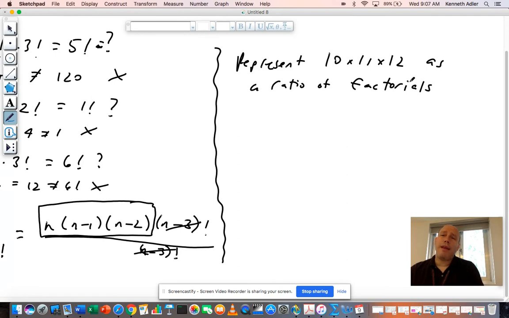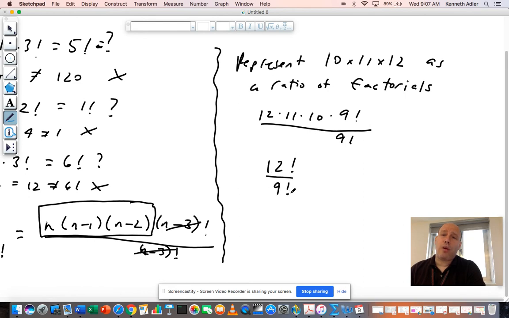And I like this because we can turn this into a probability problem, a combination problem. So 10 times 11 times 12, you say, oh, that reminds me, we chopped off all the nines. So it's like 12 times 11 times 10 times 9 factorial over 9 factorial. So this is 12 factorial over 9 factorial. And we're going to see this actually represents something we're interested in the next unit.